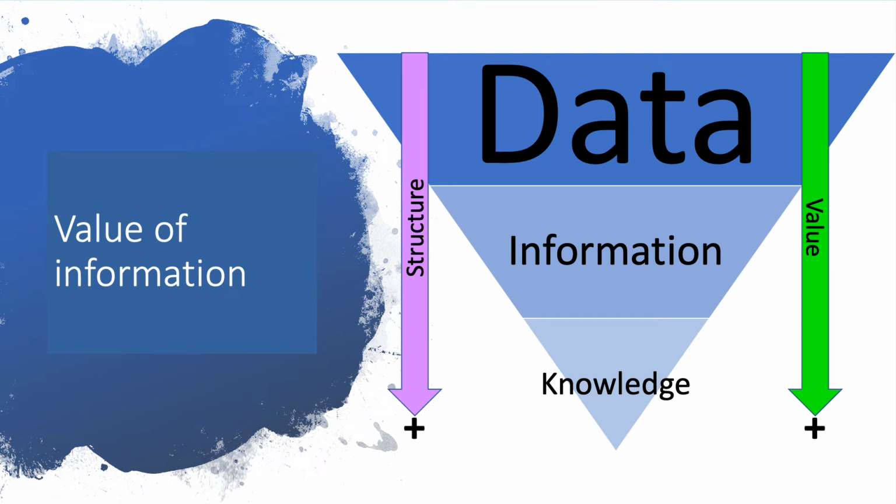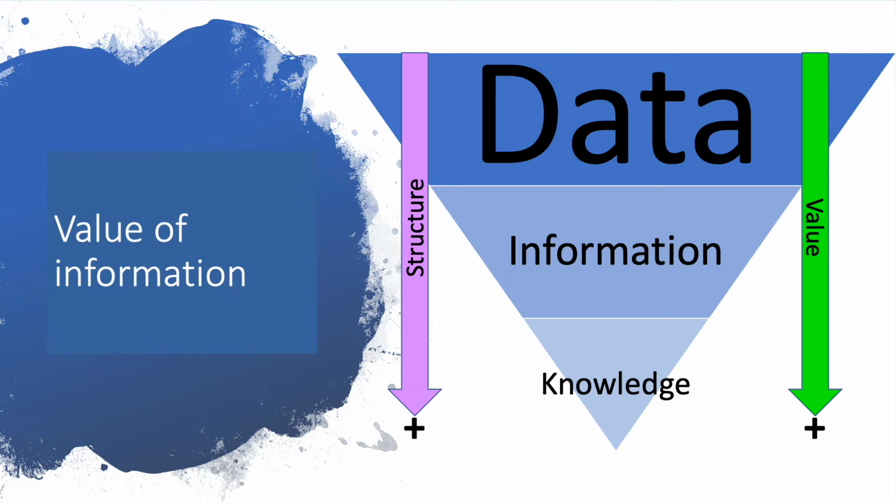As data becomes information, it has more and more structure. As information becomes more structured, it becomes knowledge. So we're starting with a lot of data, and a lot of data is becoming some information, and some information is becoming a little bit of knowledge. As we go down, it becomes more and more structured, but at the same time, it has a lot more value to us because we can use knowledge to make decisions, and hopefully to make good decisions.